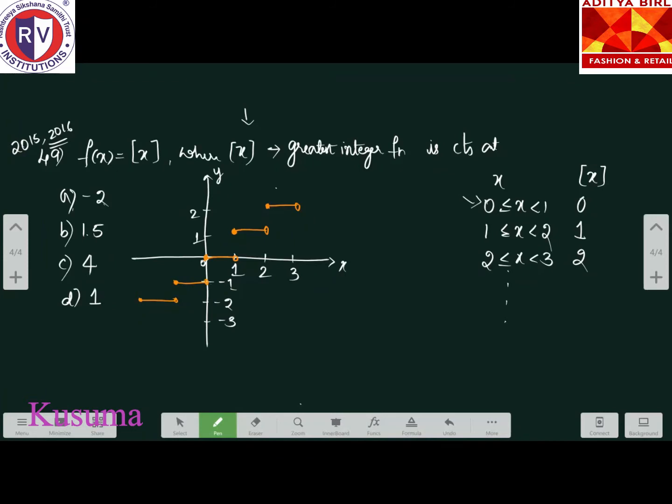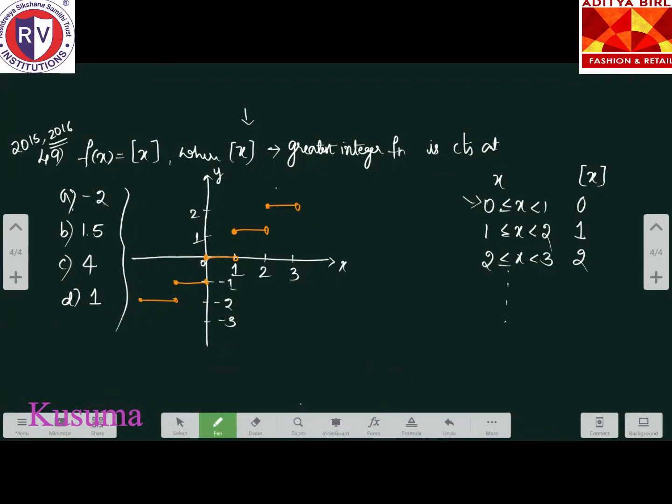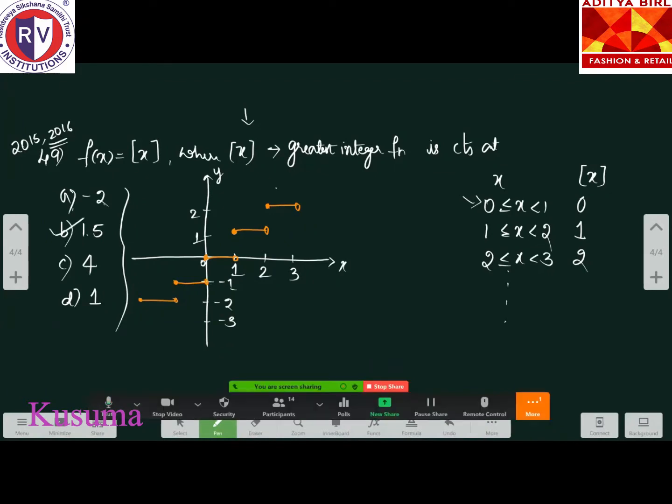Yes. So now can you tell me the answer where the function is continuous? Option B. At 1.5, the function is continuous. In all other options there are integers: -2 is an integer, 4 is an integer, 1 is an integer.